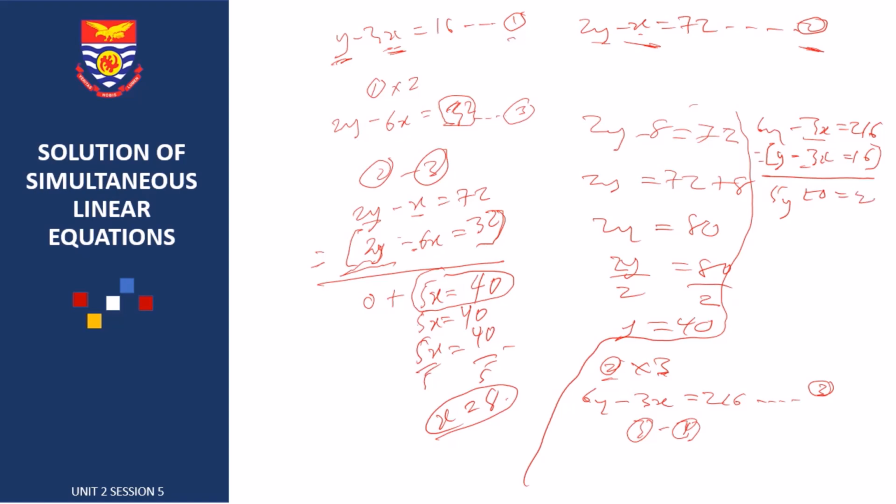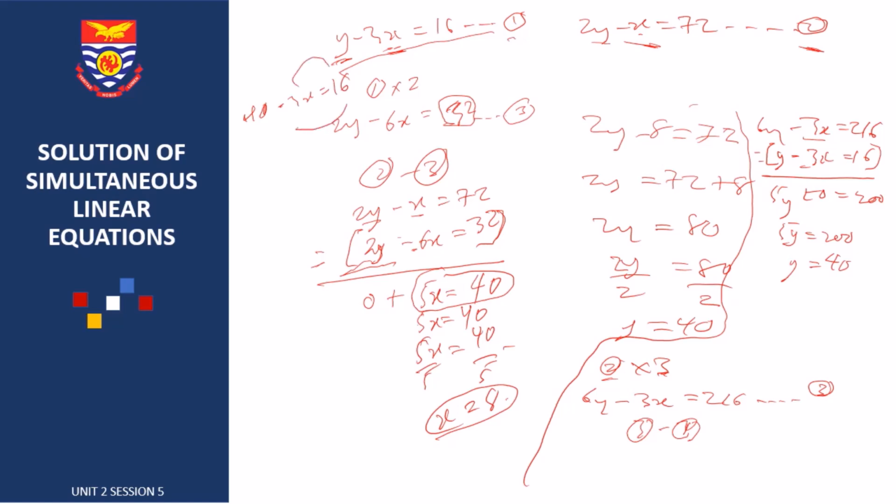200. Now here you see that we eliminated x, so we have 5y equal to 200. Divide both sides by 5, get y to be 40. Now I can easily put y equal to 40 into equation 1. When y is equal to 40, I'll have 40 minus 3x equal to 16. I'll bring the 3x here and the 16 here.